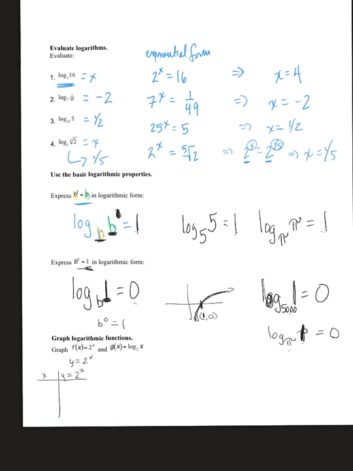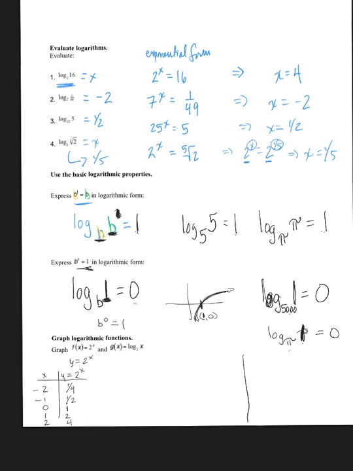Now, what domain values can I put in here? Well, anything. So I could put in -2 for x, -1, 0, 1, 2. If I substitute -2 in for x, I'm going to get 1/4. For -1, I get 1/2. For 0, I know I'm going to get 1. For 1, I get 2. And for 2, I get 4.